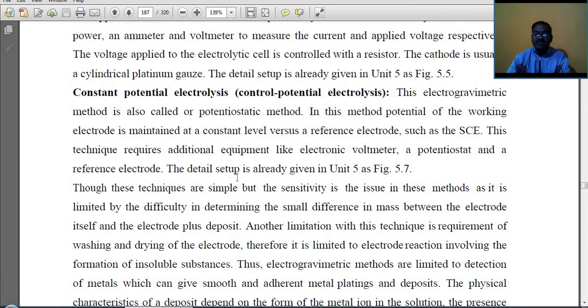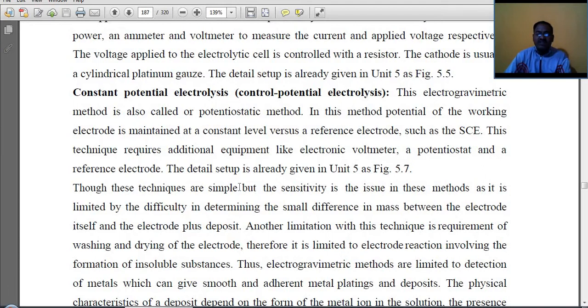Controlled potential electrolysis. This electrogravimetric method is also called a potentiostatic method. In this method, the potential of the working electrode is maintained at a constant level versus a reference electrode. We consider SCE, the standard calomel electrode.